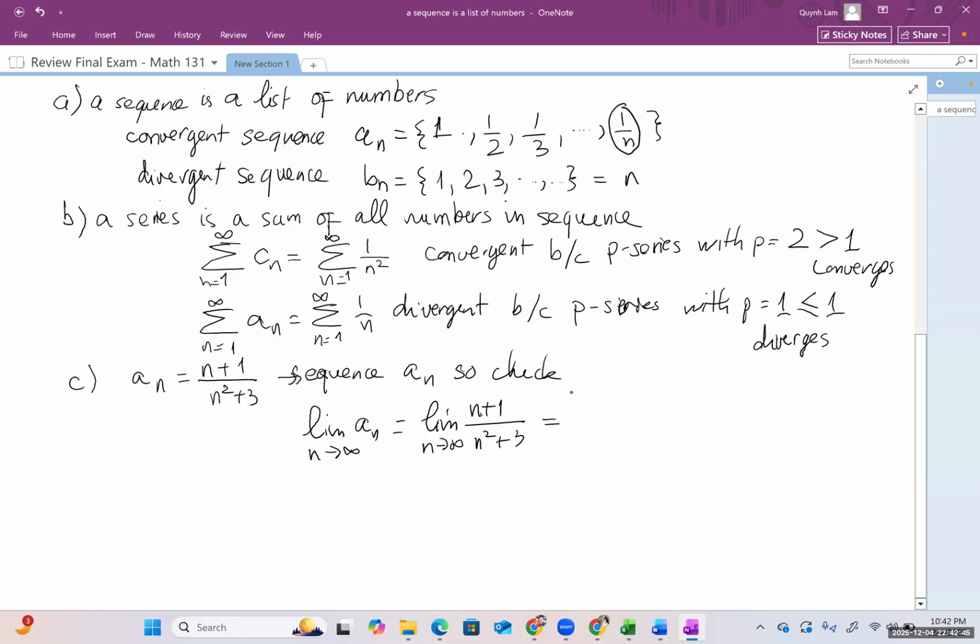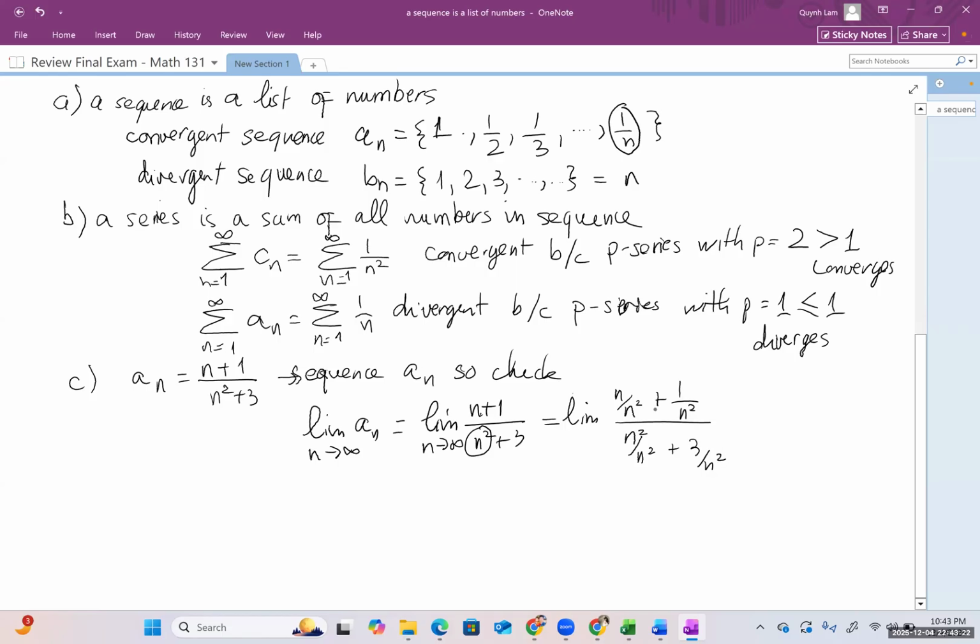You can use the end behavior from pre-calculus if you like, or from calculus 1, you can divide by the highest power term in the denominator. So you're going to have everything divided by n squared right now.